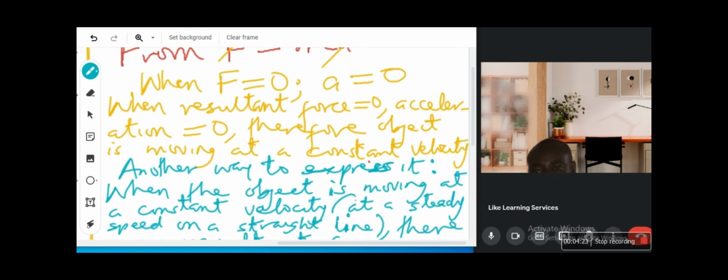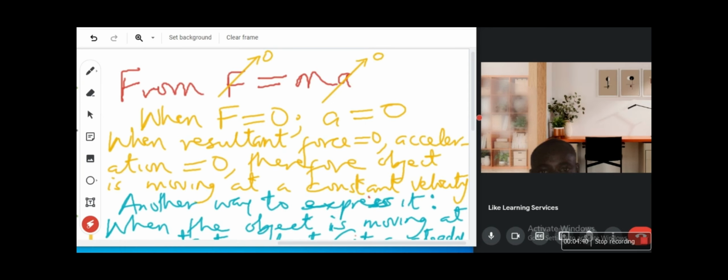Why? Once there is no acceleration, the object is moving at a constant speed or steady speed in a straight line. And for that to happen, from what we have derived, for a to be 0, resultant force must be equal to 0. So there's no resultant force.